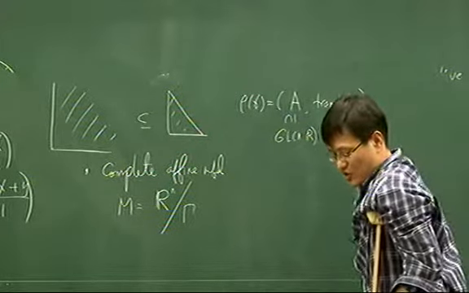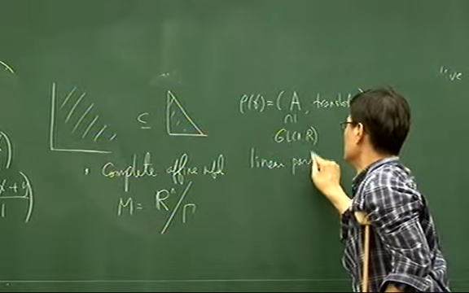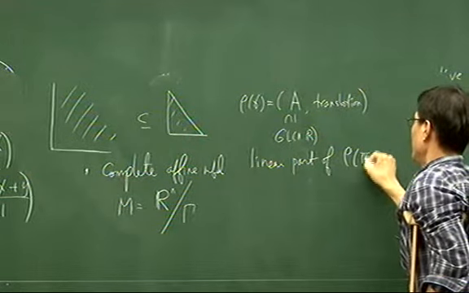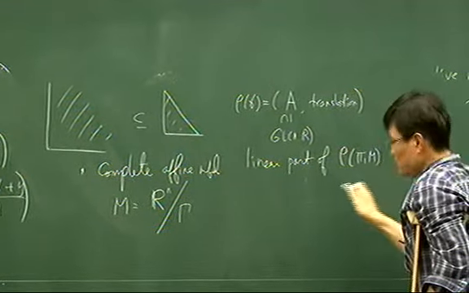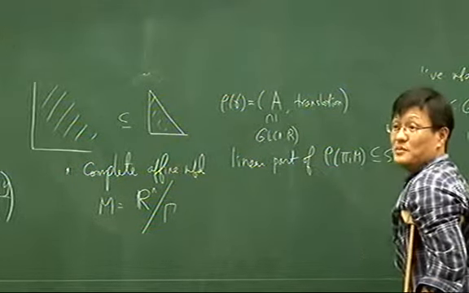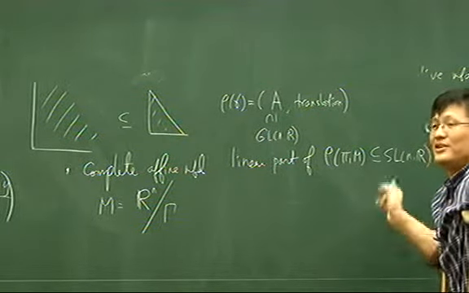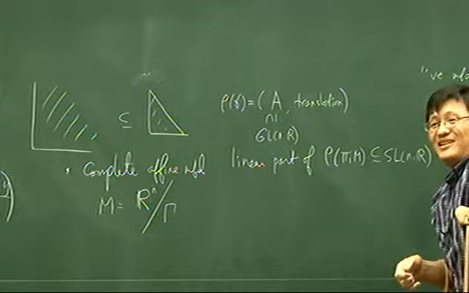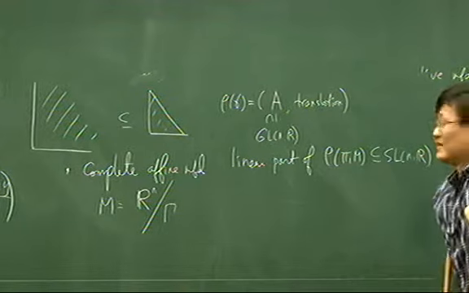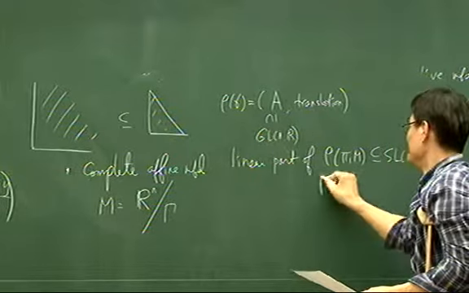There is a conjecture: the linear part of rho of pi_1 of M belongs to SL(n, R), the special linear group. You know the determinant of a matrix in SL(n, R) is 1, so it preserves the volume in Euclidean space. In this case, it is called a parallel volume.